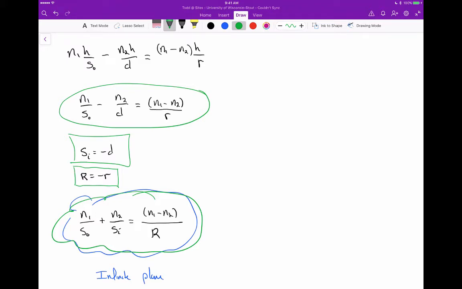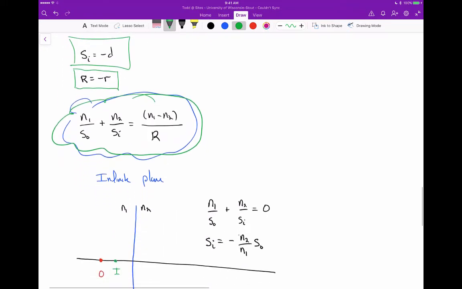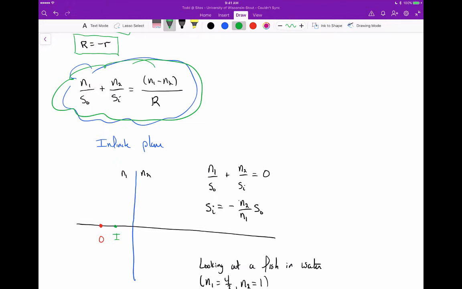Now, I do want to just take a look at what happens if we have an infinite plane. And in the case of an infinite plane, the radius of curvature, r in that case, is infinite, which means that this second term right here is going to end up being 0. So let's take the example of, say, a fish located at the object position, and then the image is going to be here.